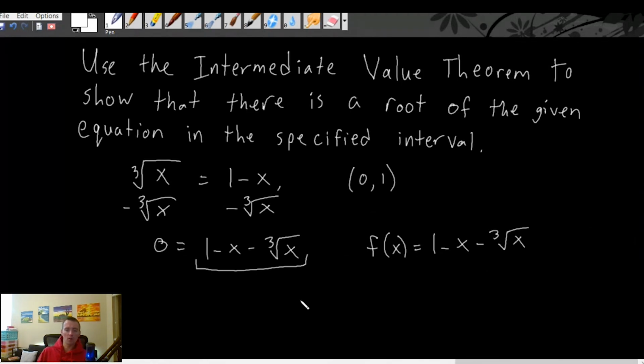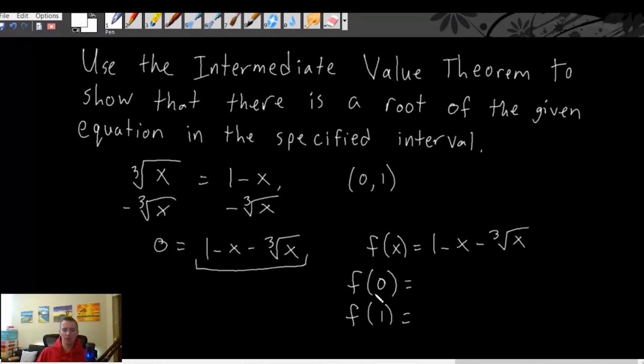So in this case, f of a, which is 0, and f of b, which is 1, we want to figure out what these two values are, because the intermediate value theorem is going to tell us that there has to be a place on this continuous function where we can obtain any output between these two outputs, and it's between the inputs of 0 and 1.